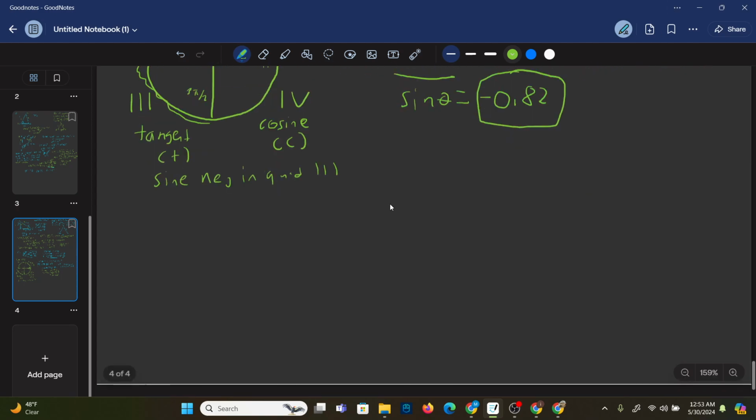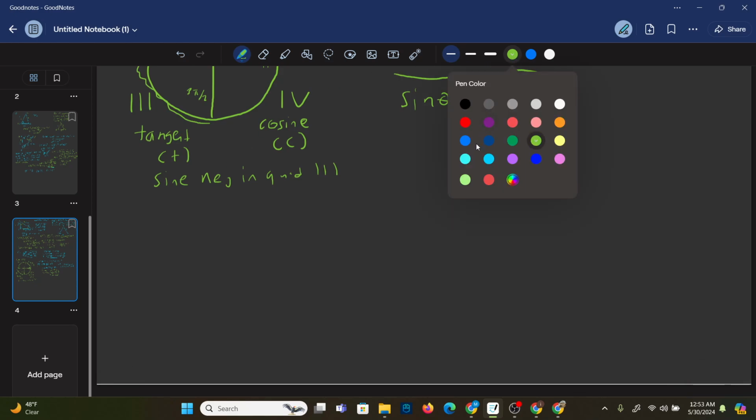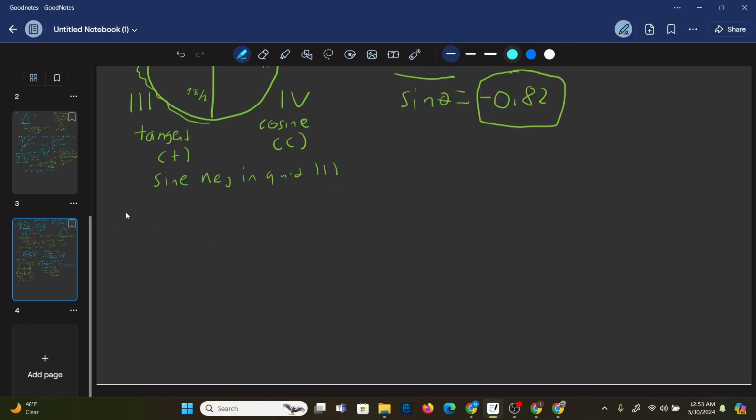For the next question, question 16, we have sine theta equals 0.996, with pi over 2 less than theta less than pi. So we're solving and we want cosine.